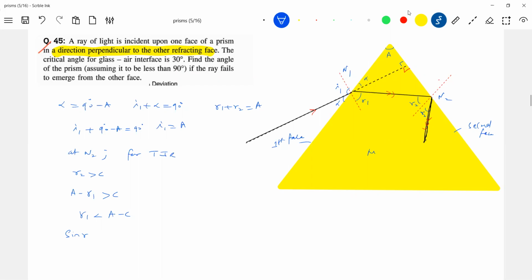Sin R1 will be less than sin of A minus C. Okay, let's come to N2. There's one equation, we'll keep it here. At N1, mu sin R1, sin I1 equal to mu sin R1.